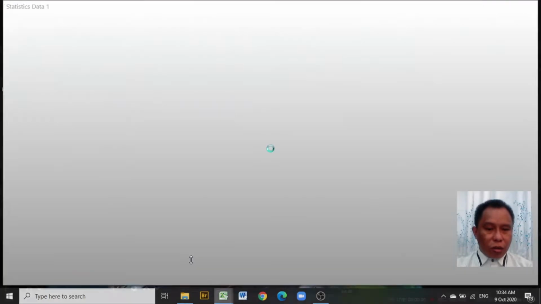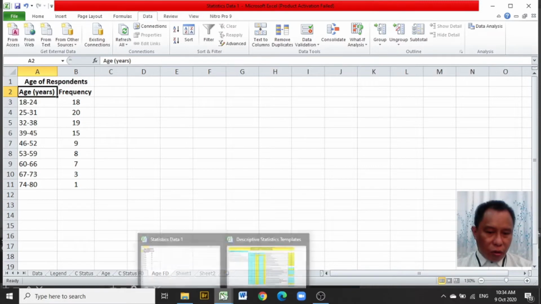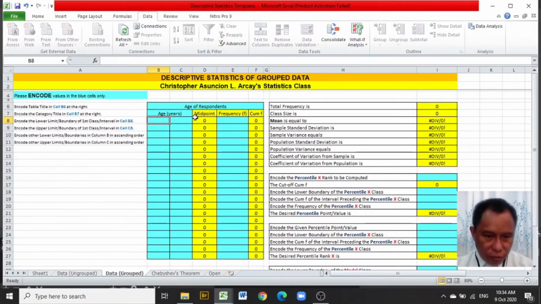The next to be encoded are the lower limits. The lower limits start from 18 toward 74. They differ only by 7. Encode the lower limits starting from 18 towards 74, differing only by 7.